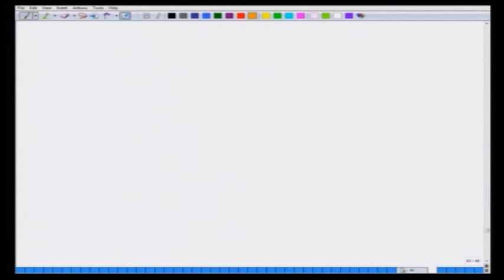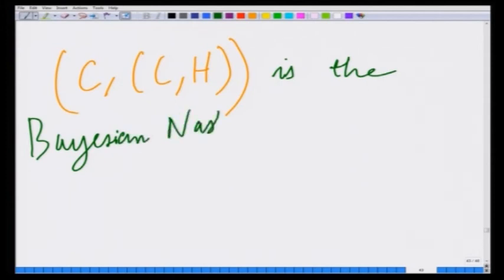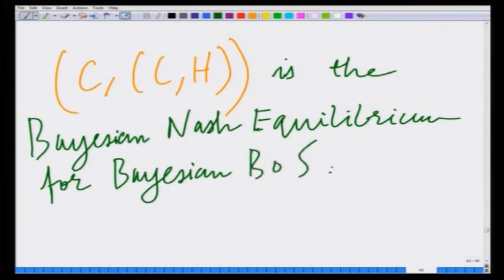So, finally, to conclude this, what we are saying is that C comma C comma H is the Bayesian Nash equilibrium for the Bayesian battle of sexes game.